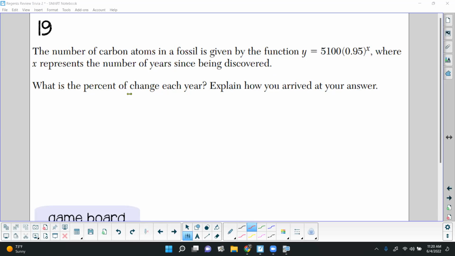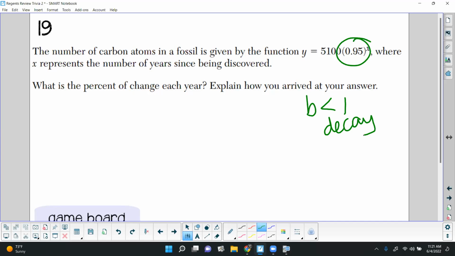Good answer, Grace. Now, the question is, since most of you are understanding that this is the value we're looking at, that value, which we call the B value, is less than 1, that means it's decay. The question is, how much decay is happening, right? I don't have 100% of my item anymore.